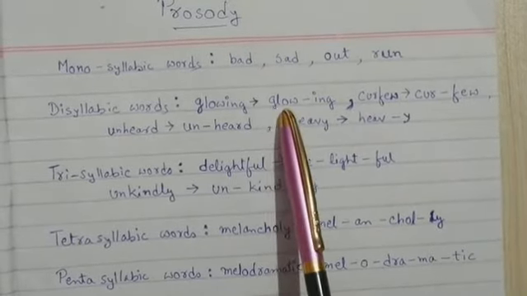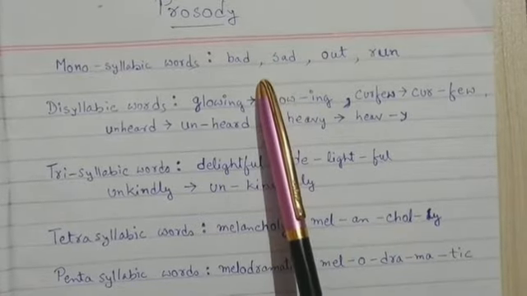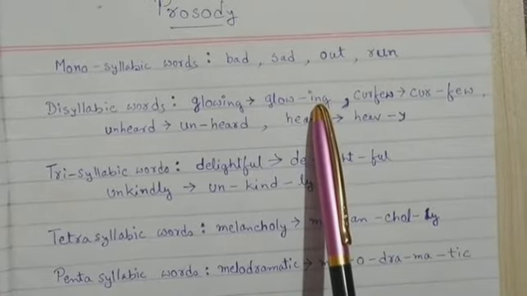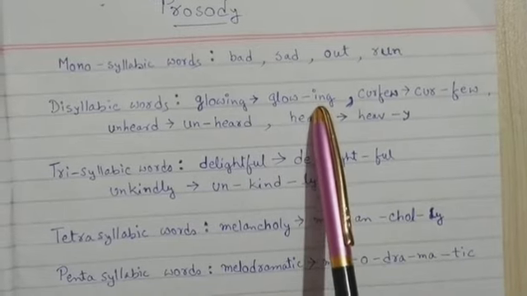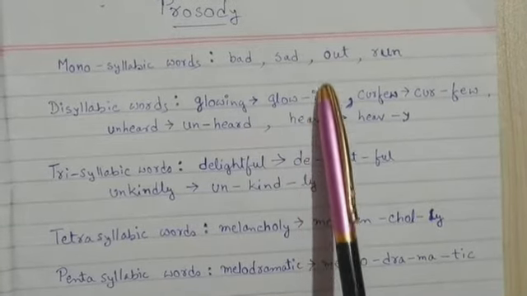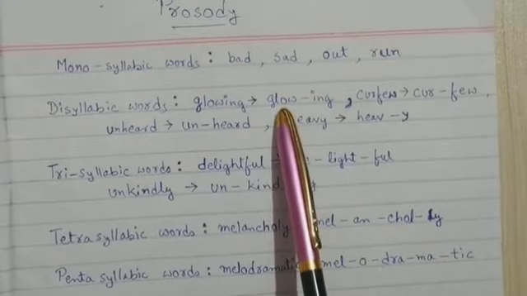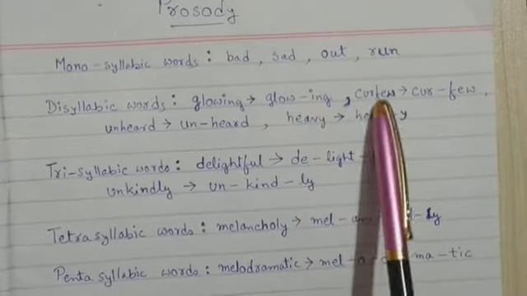So the main word is glow, and ing is the suffix, which has another vowel sound. So two vowels.